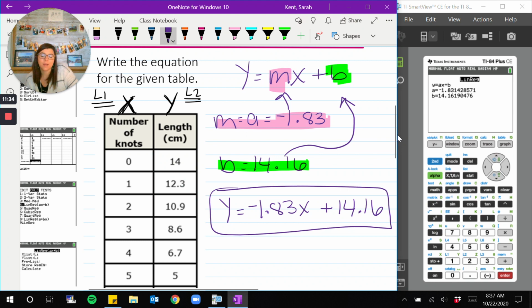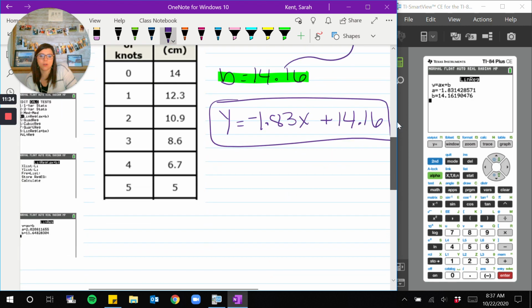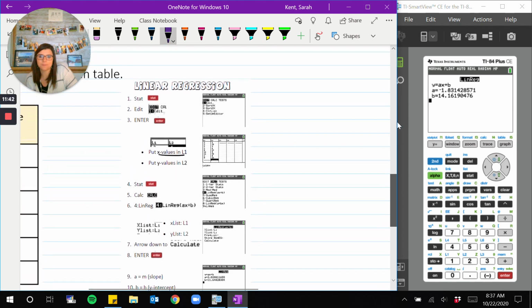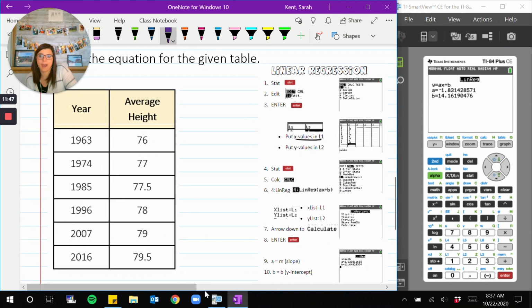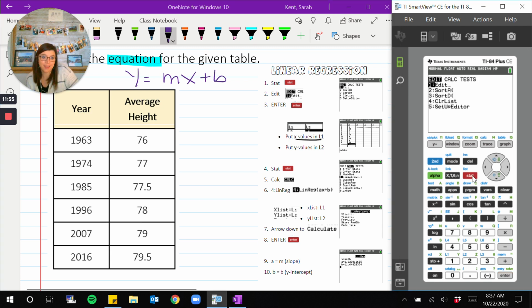I'll do one more, just so you can see it again, and then you'll have your practice. This will be the same steps. I have a table, and I want to write an equation. So again, we're thinking y equals mx plus b. To start, I'll press stat again. I want to edit, but there's numbers.